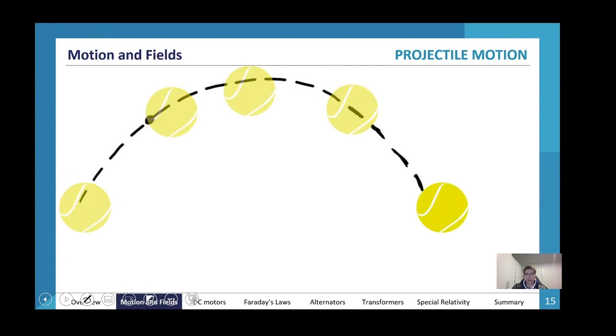Now, if we were to draw, this is how projectile motion would look. There is horizontal displacement and obviously vertical displacement.